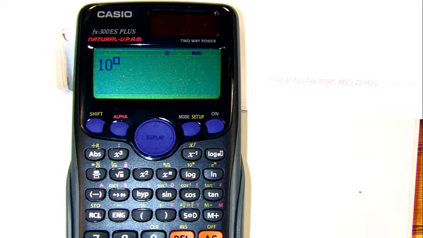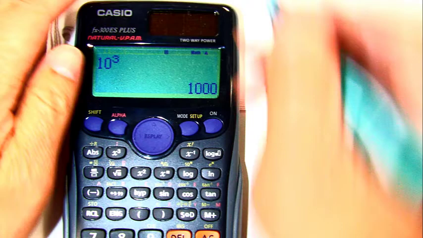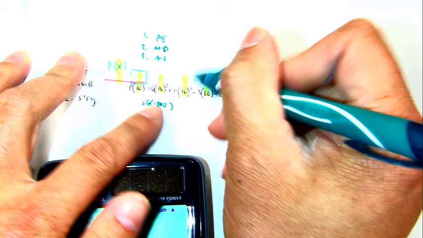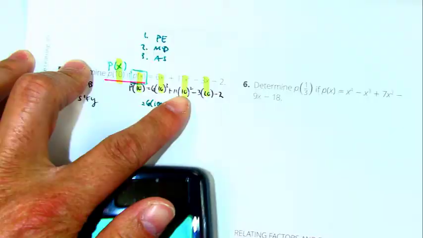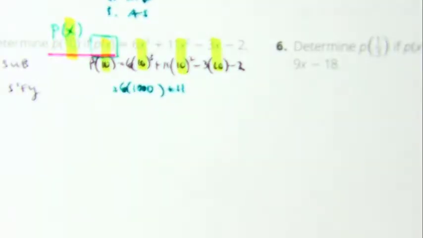And then I can just type a 3 there and press enter. And I get 1,000. Okay, so we just got 10 to the third power equals 1,000. I put that there. Class, 10 squared is 100.